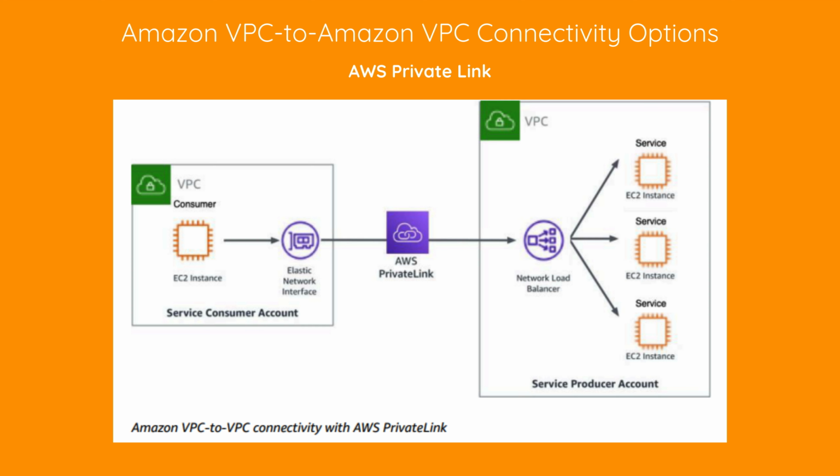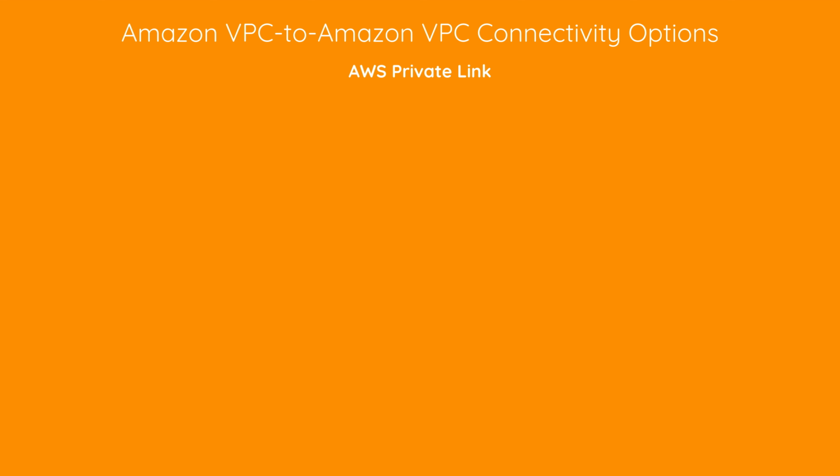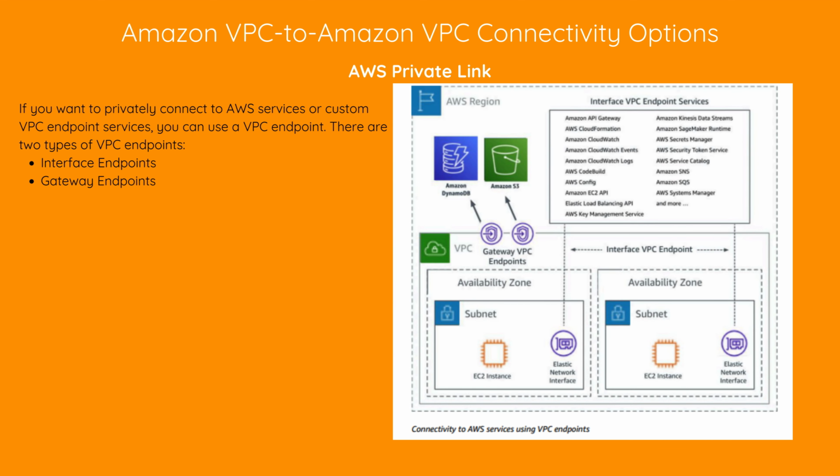It could be an AWS service, such as an API endpoint, or a service hosted in another VPC, or even another AWS account. The service you're connecting to must have a Network Load Balancer (NLB), as PrivateLink relies on the NLB to route traffic.